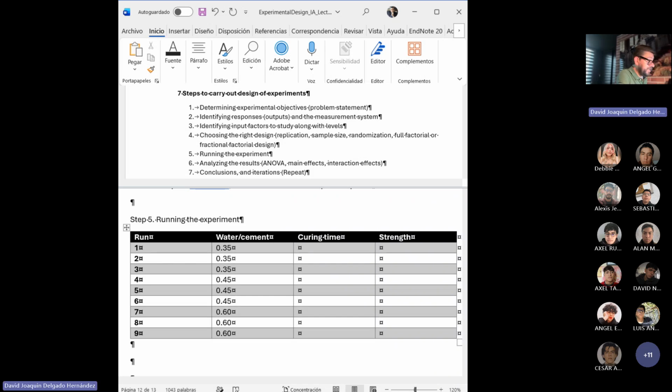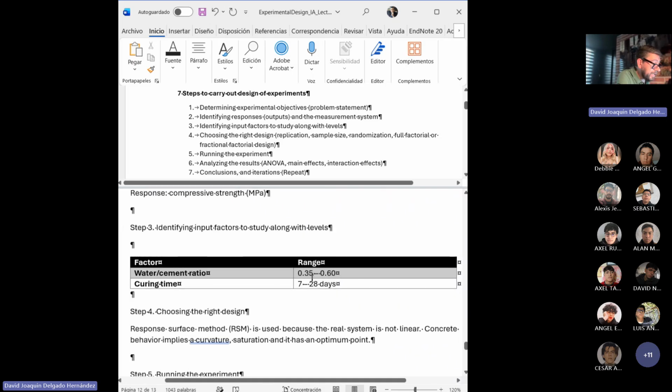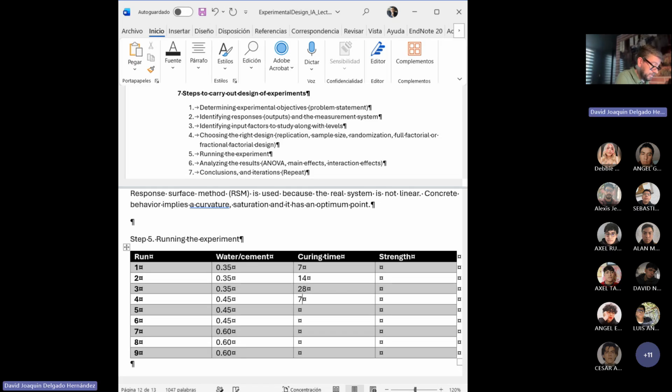And now in the cure, I will have three different times. Remember, I have between 7 and 28 days. So I will use three values: 7, 14, and 28.